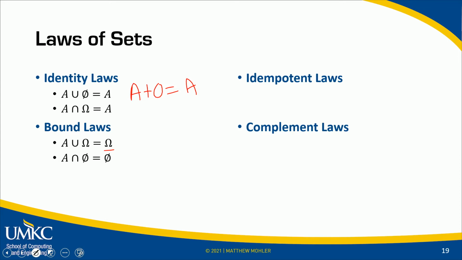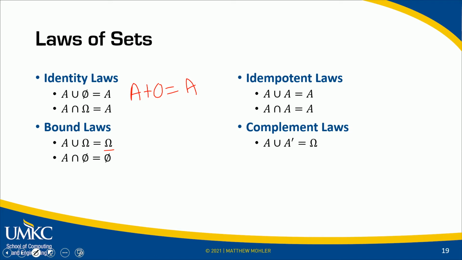There's also these things called the idempotent laws, and they basically say that if I union A with A, I get A, and that if I intersect A with A, I get A. There's also the complement laws that say that A unioned with A complement is equal to omega.